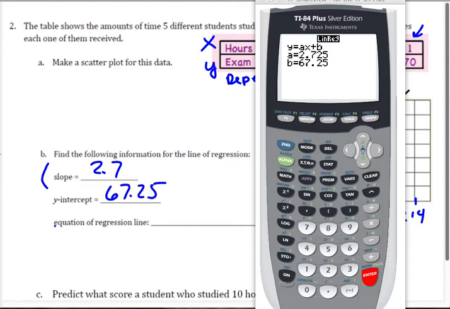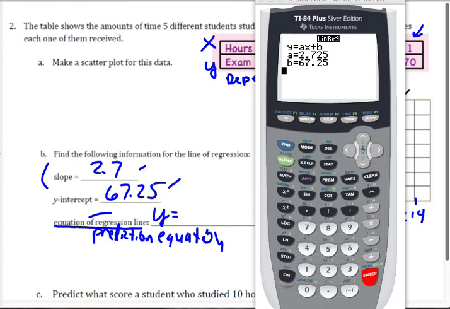So equation for regression line or prediction equation. Regression line and prediction equation are the same thing. So you just write this. You know your slope, you know your y-intercept, so plug them in. Y equals 2.7. I guess I'll go 2.5 there.